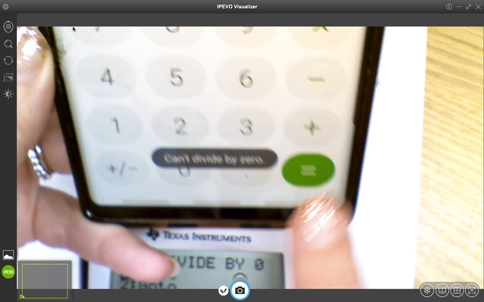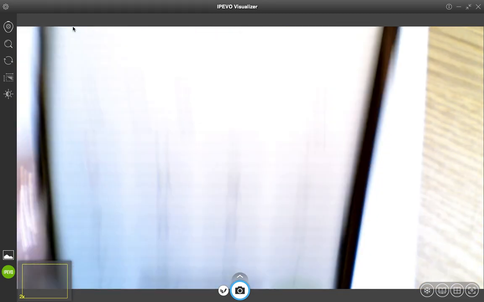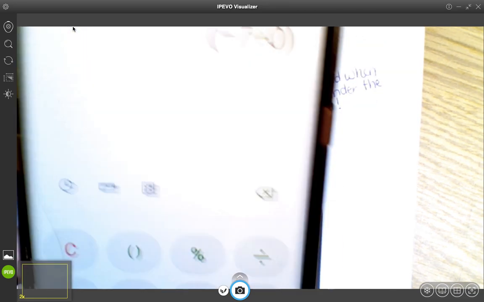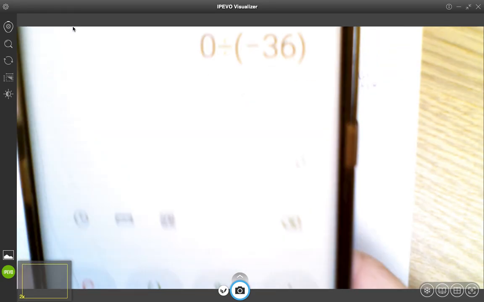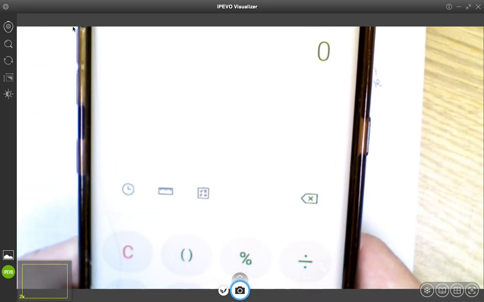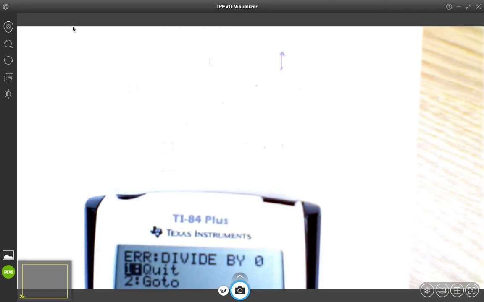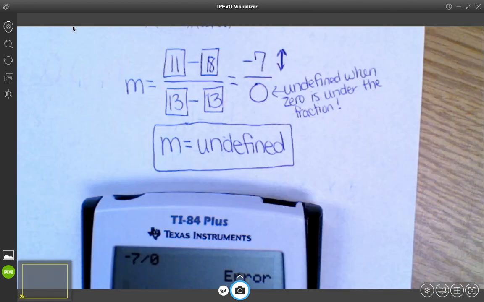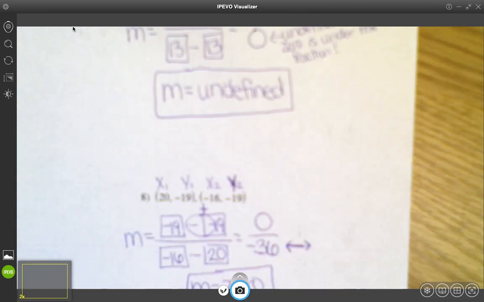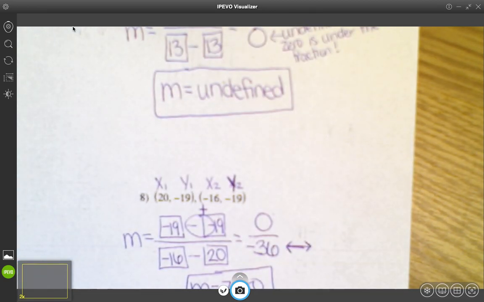It won't even give you a number. So if you get an answer that says can't do it, that's an undefined. Now if I say 0 divided by negative 36 and hit enter, guess what? It says it's 0. Sorry, there's a glare on the phone. But it will give you an error message if you divide by 0 on those undefined on your calculators. You will not get an error message if the 0 is on top.